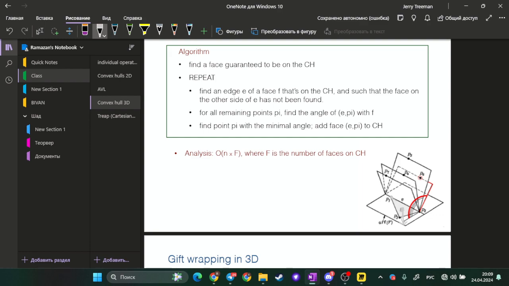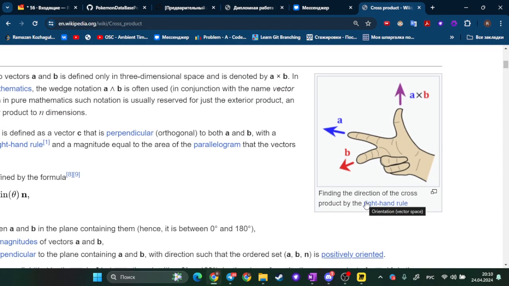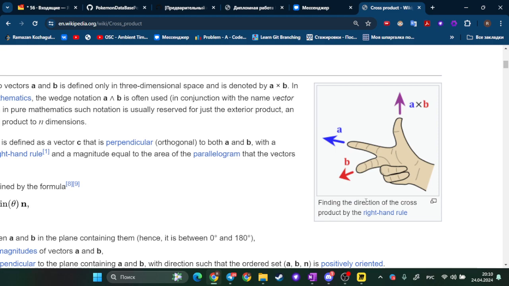Okay, suppose you base your plane on points p1, p2, p3, vectors p1p2 and p1p3. How does it look to get it like this?